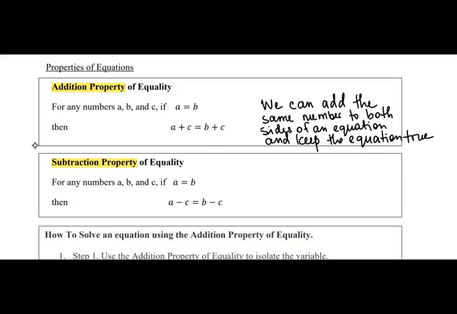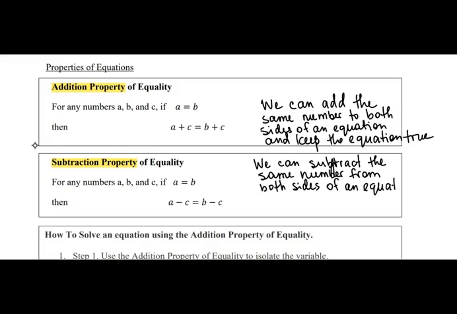So we can formalize that as saying we can subtract the same number from both sides of the equation and keep the equation true. Okay. So those are the two rules.